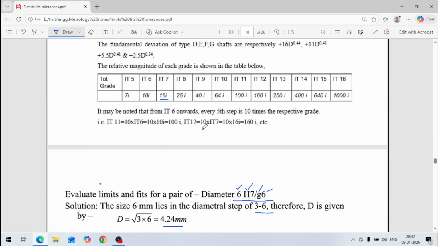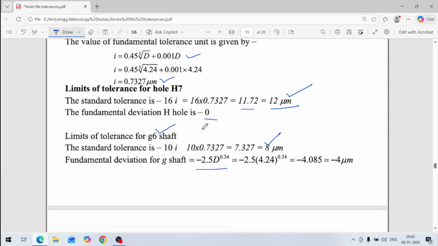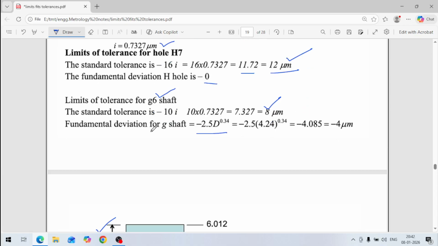So now we calculate this fundamental deviation for G, minus 2.5 into D power 0.34. If you calculate, it comes minus 4.085 micron or say minus 4 micron. So fundamental deviation is minus 4 micron and tolerance is 8 micron.